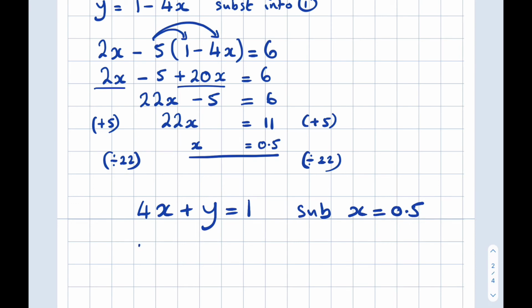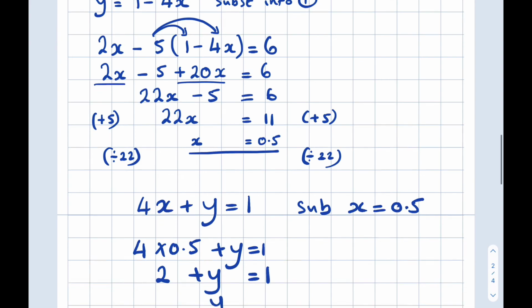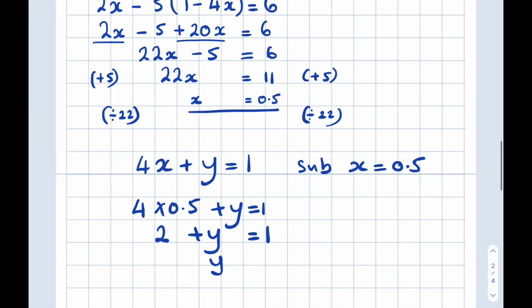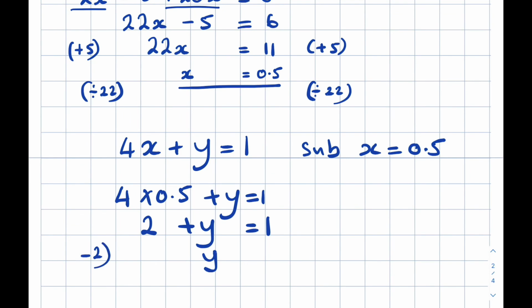So that's 4 times 0.5 plus y equals 1. 4 times 0.5 is 2. 2 plus y equals 1. And then to get the y on its own, I can subtract 2 from both sides. And that will give negative 1.